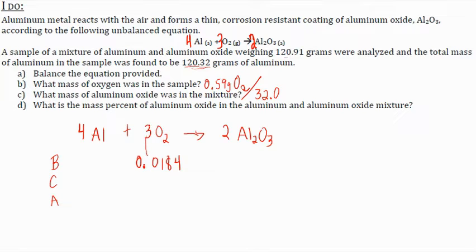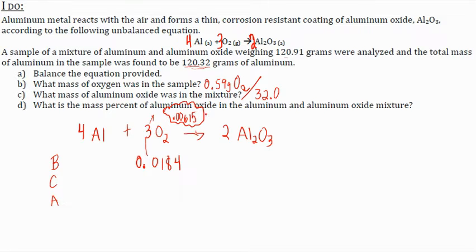So take this divided by 3, and that ends up being, and you want at least 3 sig figs here, 0.00615.